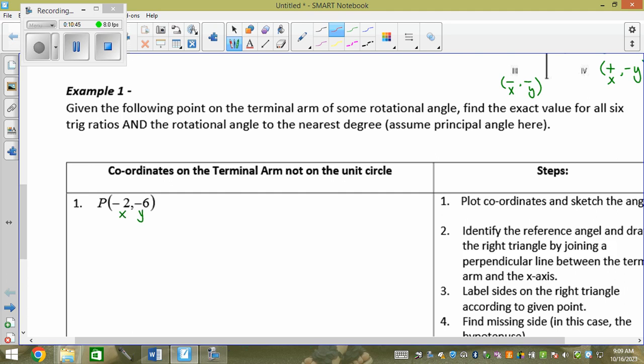I'm given a coordinate. What's the first thing I should maybe do to try and help myself out? Put x and y and then draw it. Yeah, you guys are right. So we're going to go -2 and -6.